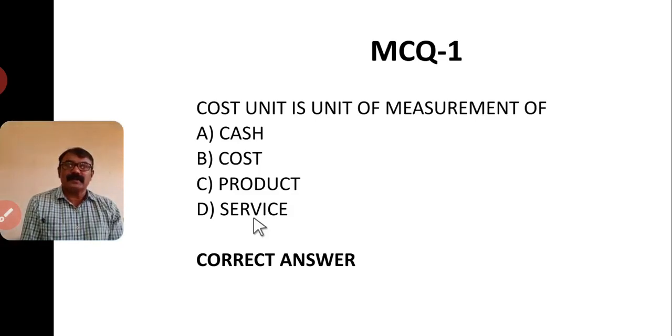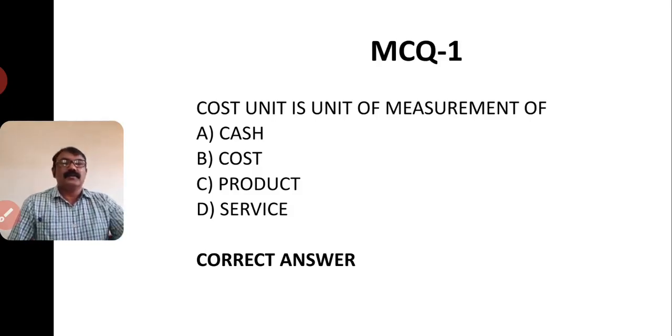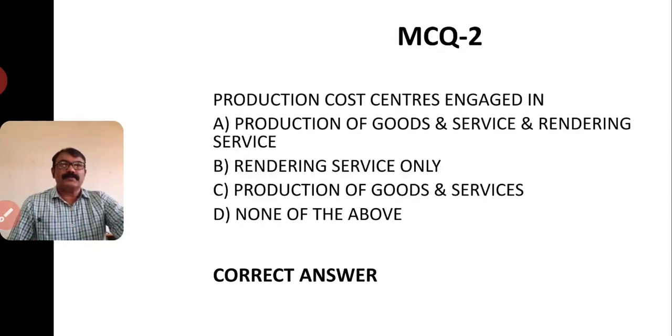The options are cash, cost, product and services. The correct answer is B, cost. A, C and D will not be considered. Okay.